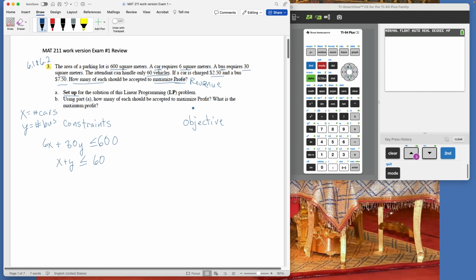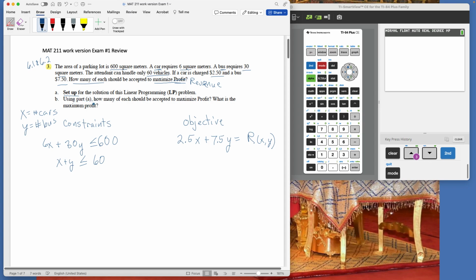But anyway, the objective is each car, the income will be $2.50 times each car. And then we're going to get $7.50 for each bus, and that will equal our revenue. It's a function of x and y. So that's a third variable. So that's really setting up the problem. We've got the problem set up now.